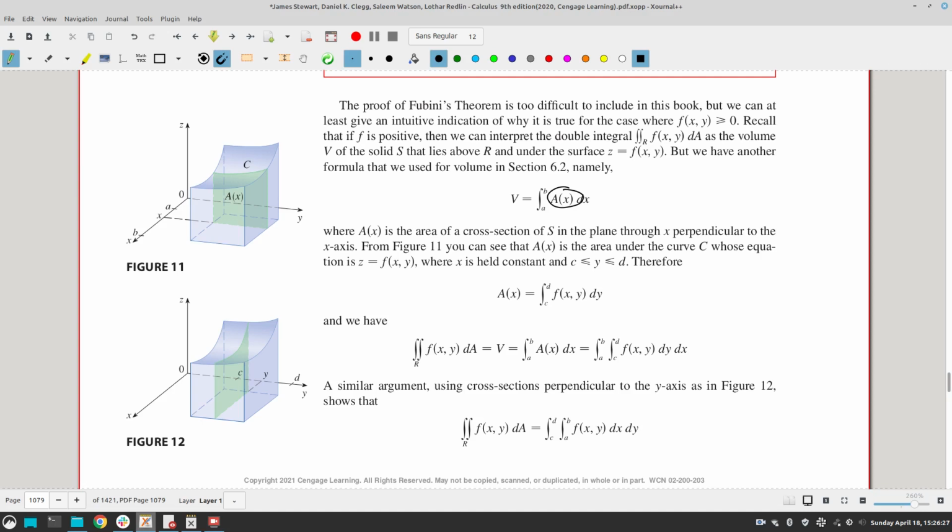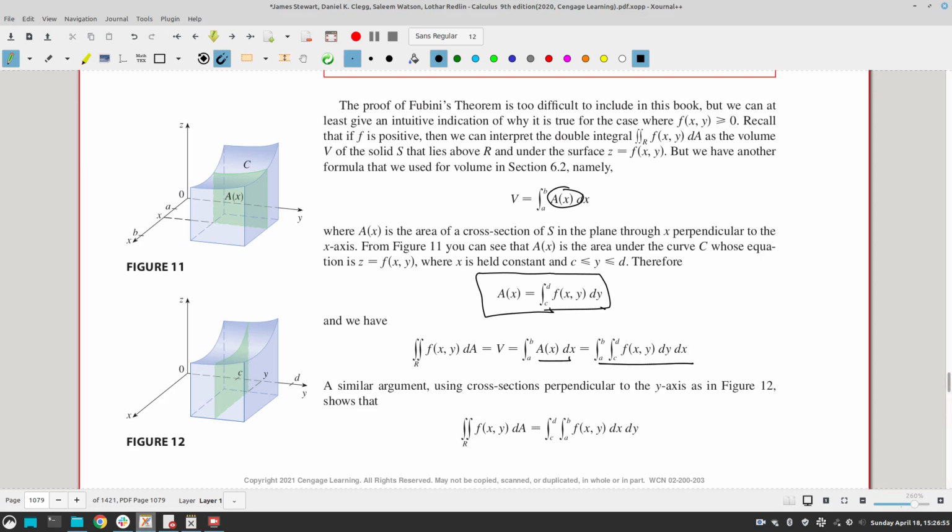For this curve, x is held constant and y goes from c to d. So the green area can be written as this integral, because x is constant now. So you have this volume V, which is equal to the integral of A(x) dx, which is equal to this.